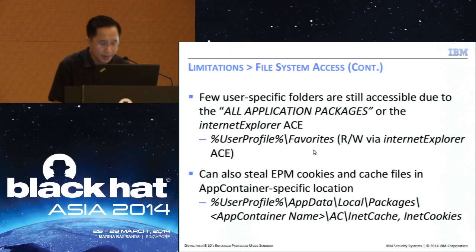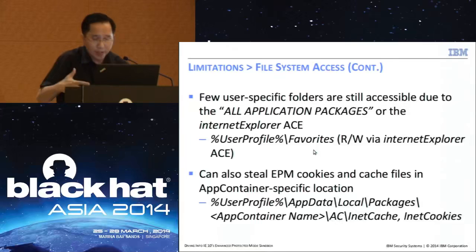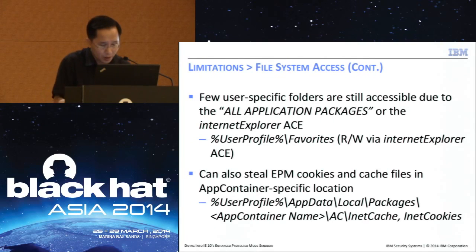But more importantly, EPM cache files and EPM cookies, which contain potentially sensitive information or website authentication information, or may contain personal information, can also be stolen because they are stored inside the app container specific folder in which the app container process has full access.